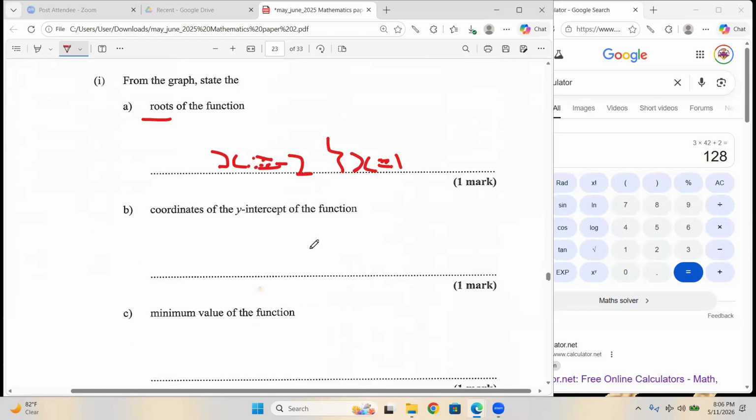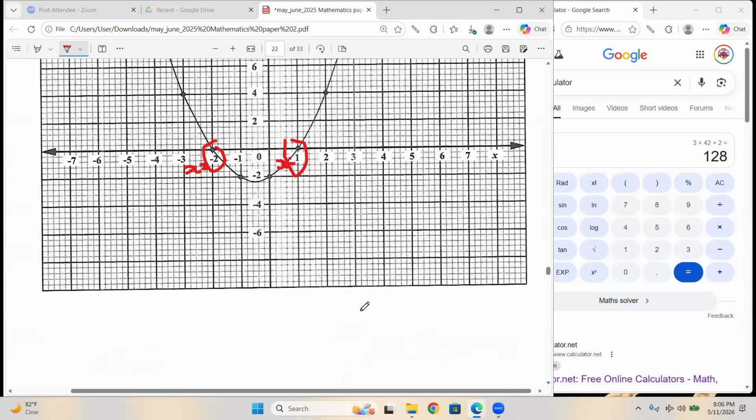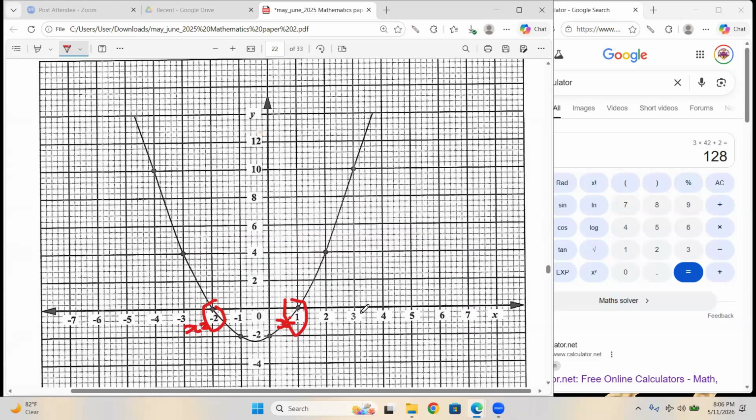The next part says coordinates of the y-intercept of the function. Y-intercept means the point where the graph intersects, cuts, meets with the y-axis. Let me see if anybody can tell me what is the y-intercept of this graph?